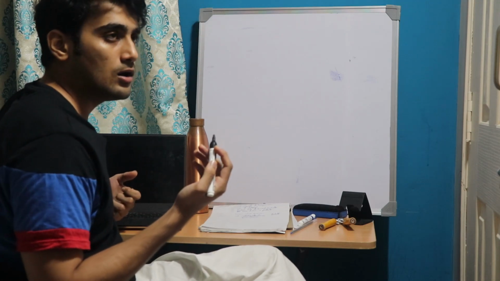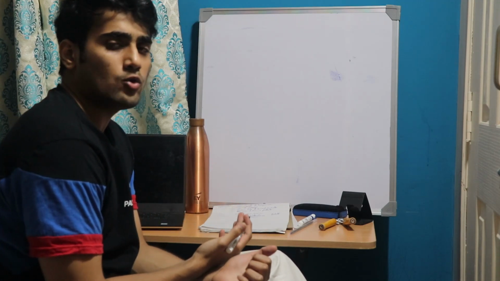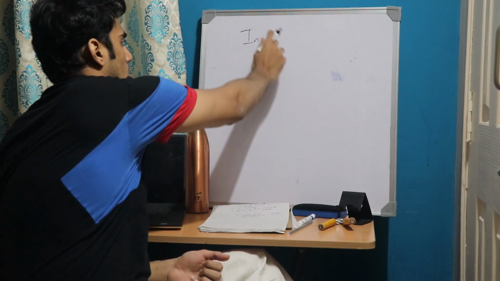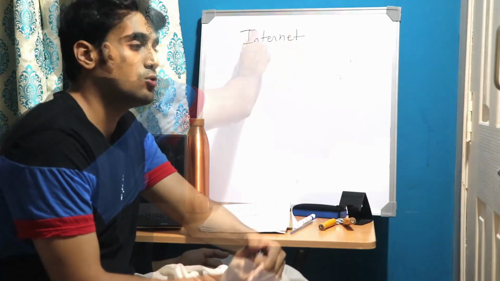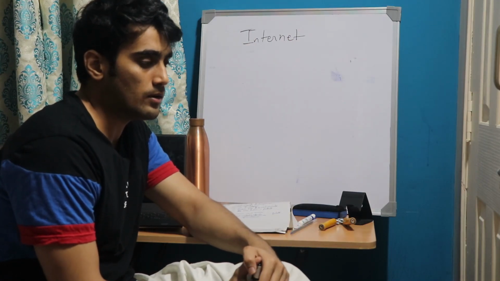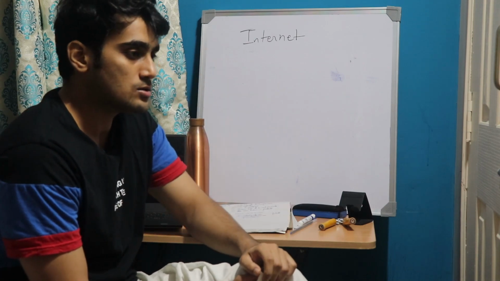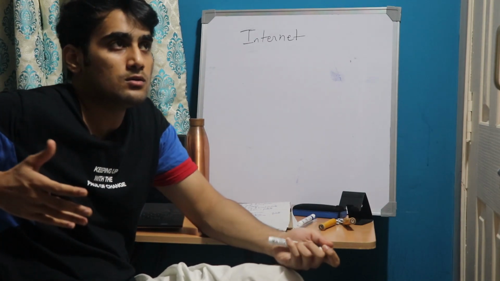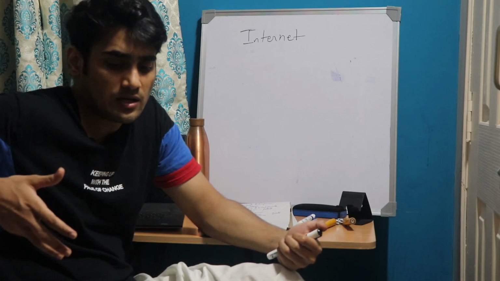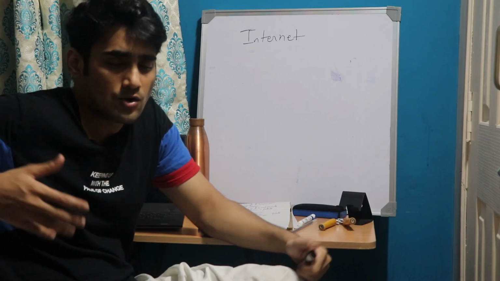First of all, I'd like to ask you, what do you know about the internet, and what is the internet? Let me give you a great analogy to help you understand. Suppose there is a society, and inside this society there are a lot of houses.